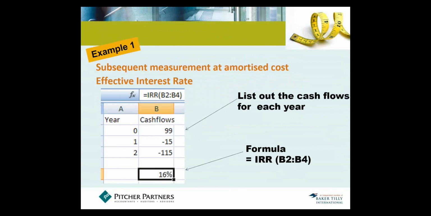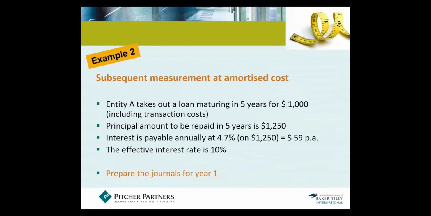If you put in the formula equals IRR, B2 to B4, highlighting your cash flows, it would come up with an interest rate, and that's your effective interest rate of 16%. You will now use that 16% to prepare an amortization table, and you use that amortization table to create your journal entries. So I wanted to show you in Excel how we come up with the effective interest rate. In my next example, we move on to the journal entries.